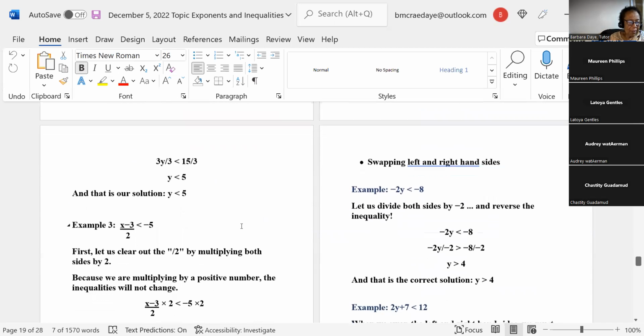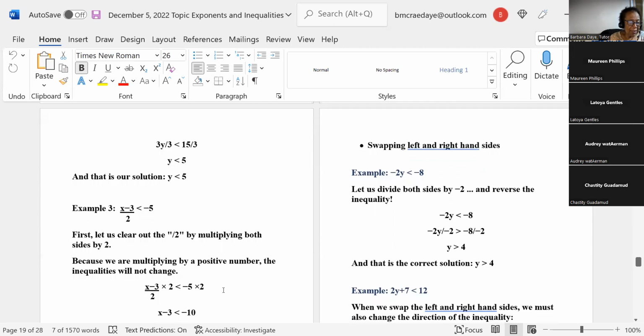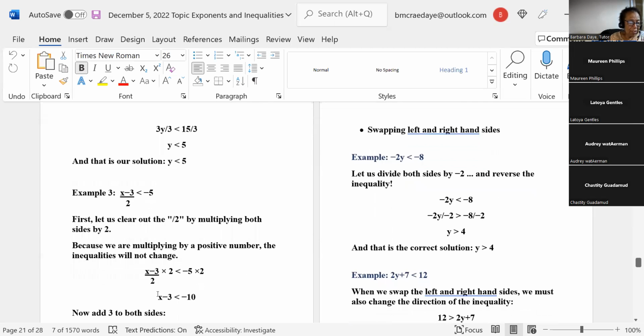Now, here's one that has a negative. X minus 3 over 2 less than or equal to minus 5. Now, this is division, so we multiply both sides by 2. This becomes x minus 3 less than or equal to minus 5 times 2, which is minus 10.